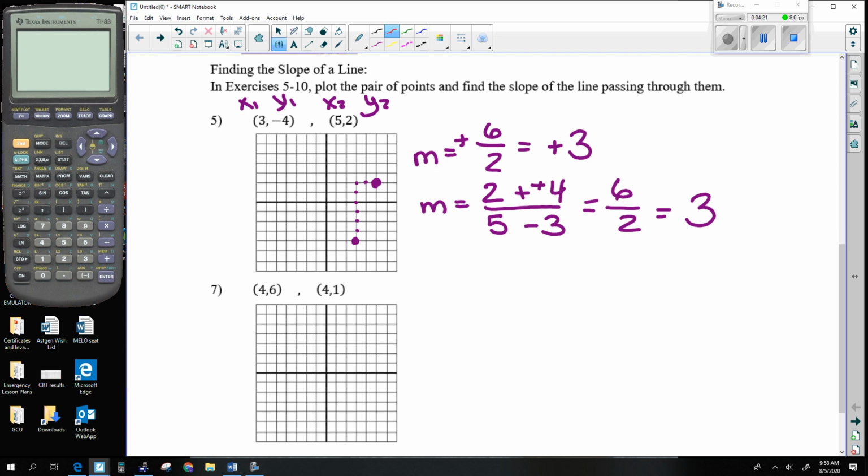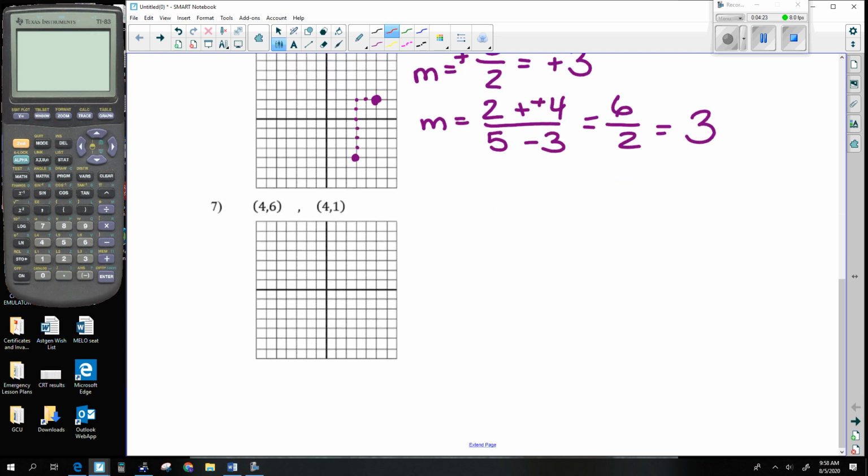Moving on to number 7, same problem. Plot the points: (4, 1) and (4, 6). This slope has a rise of 5 and a run of 0.